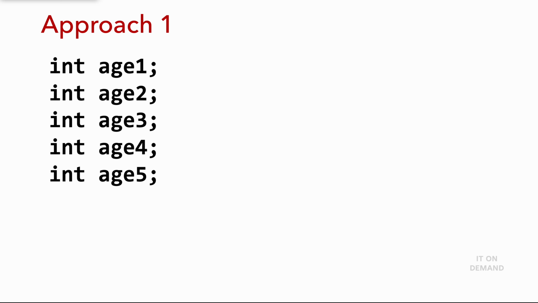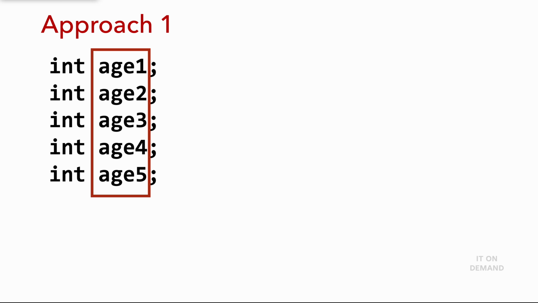But the problem with this approach, as you could tell, is that we're repeating things, right? Because we're talking about ages, there's something that we can group together. There's something common with all these things. And you can see that all of them are also integers, right? The only thing is that we're talking about different people's ages.